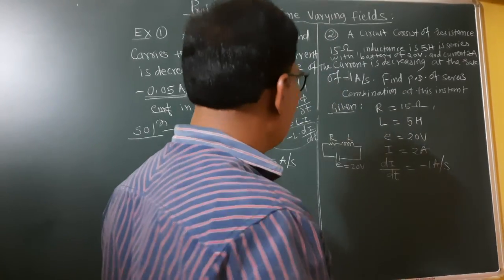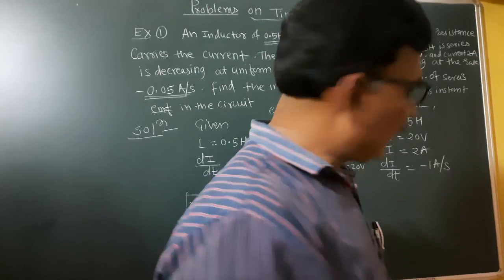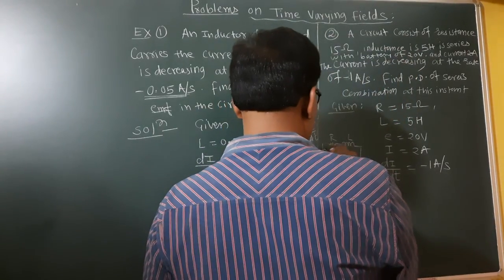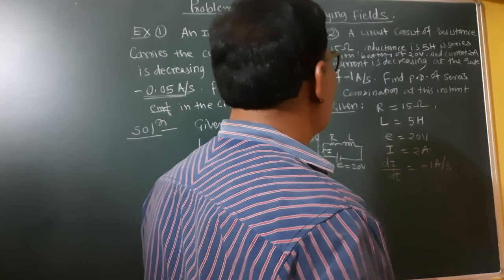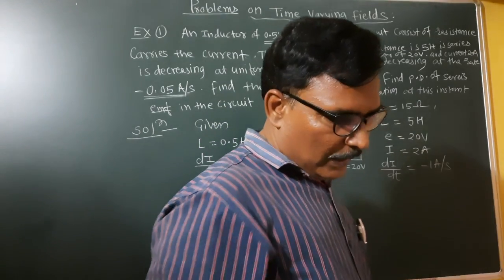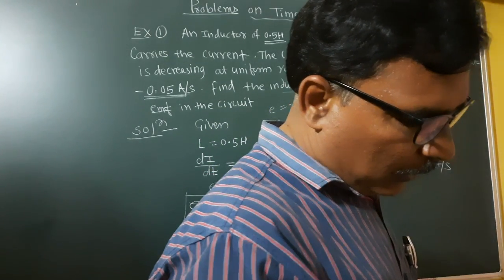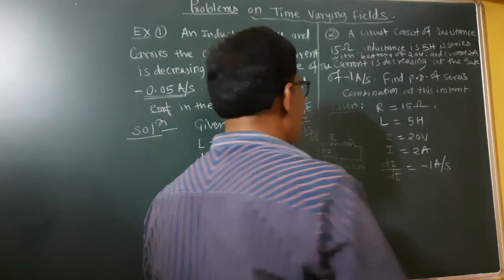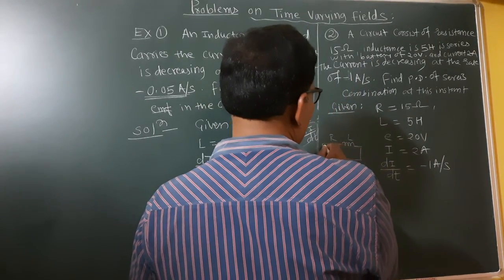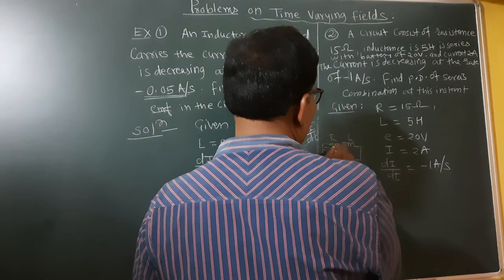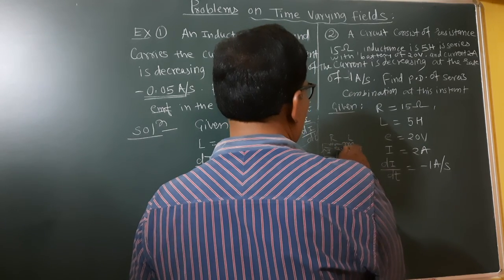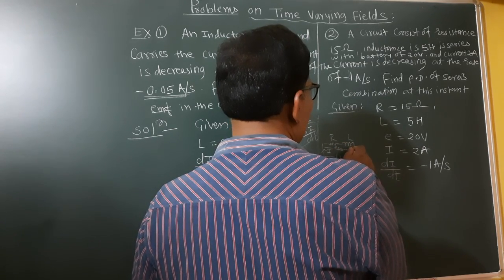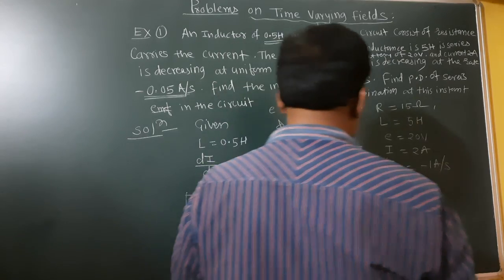This is the circuit we have been given, and the current flowing through the circuit is I. First of all, we consider the EMF across the resistance, ER, and the EMF across the inductance, EL.